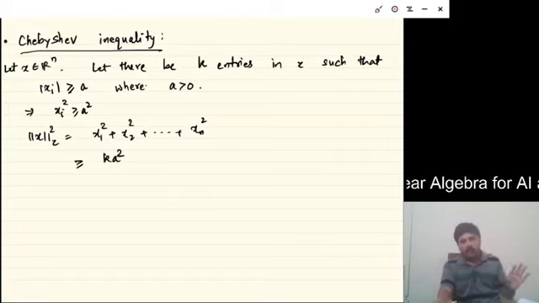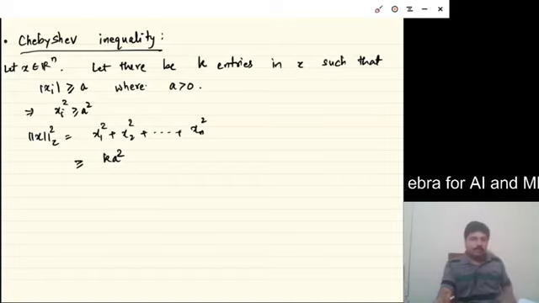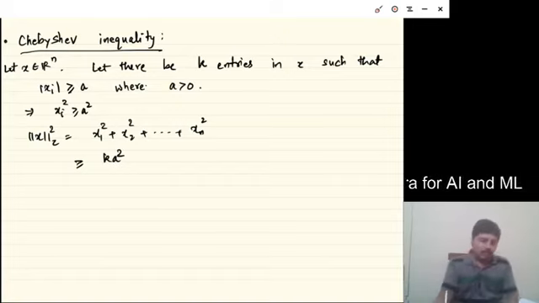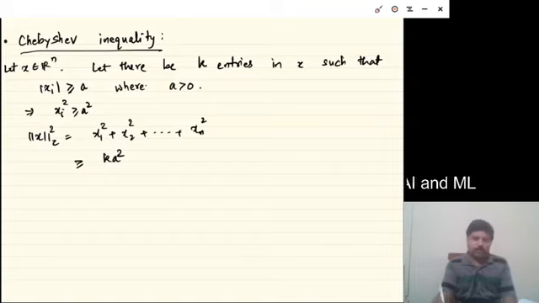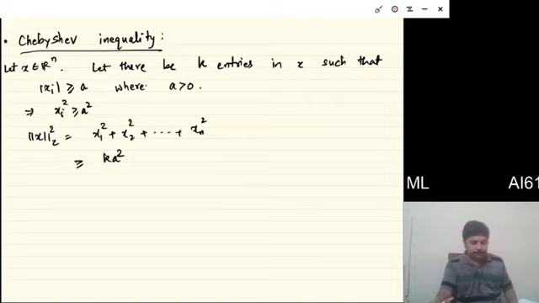They can be 0 or anything, but they are non-negative, so this inequality will be satisfied. So we are really saying that this norm square is greater than or equal to k A square.